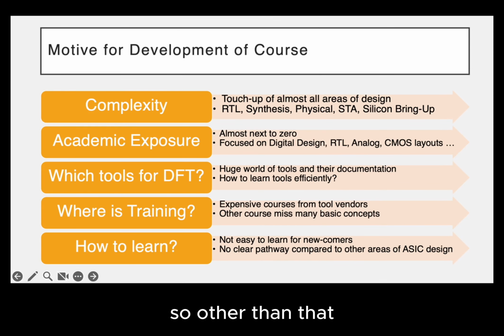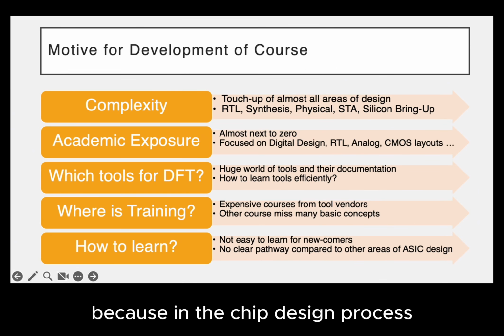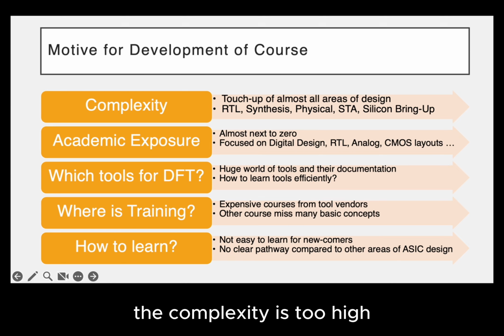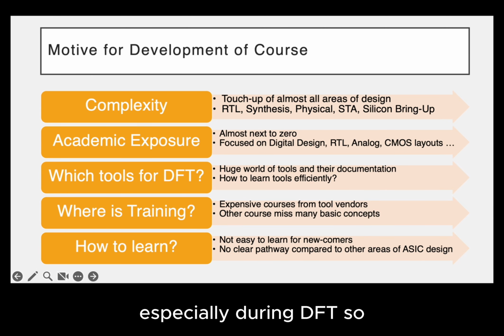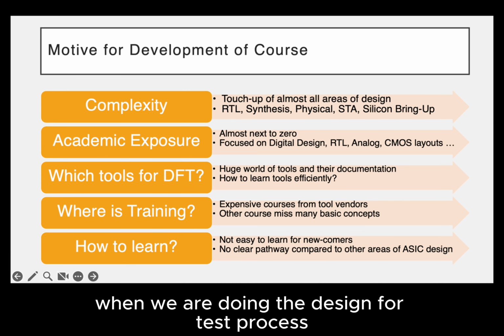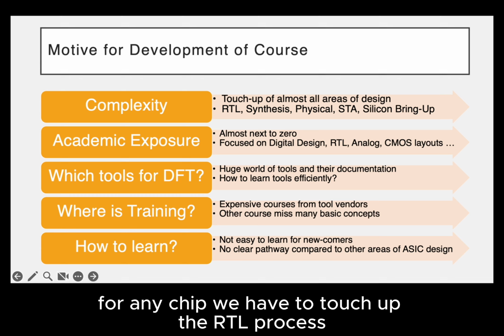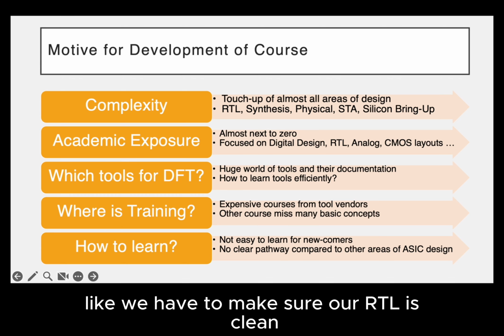Other than that, in the chip design process the complexity is very high, so we have to touch different areas, especially during DFT. When we are doing the design for test process for any chip, we have to touch the RTL process. We have to make sure our RTL is clean.